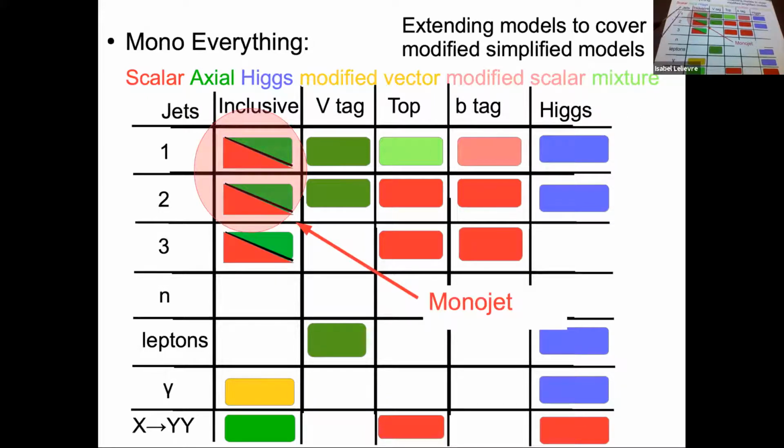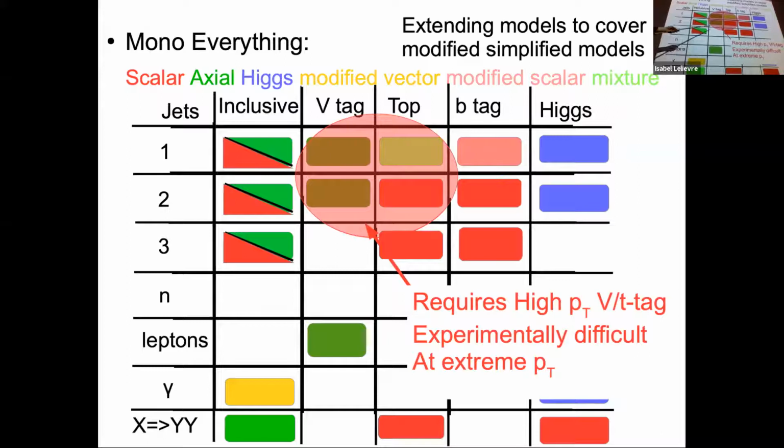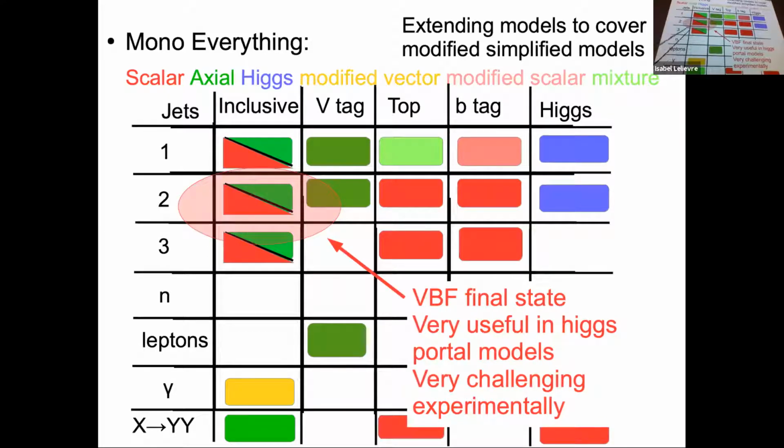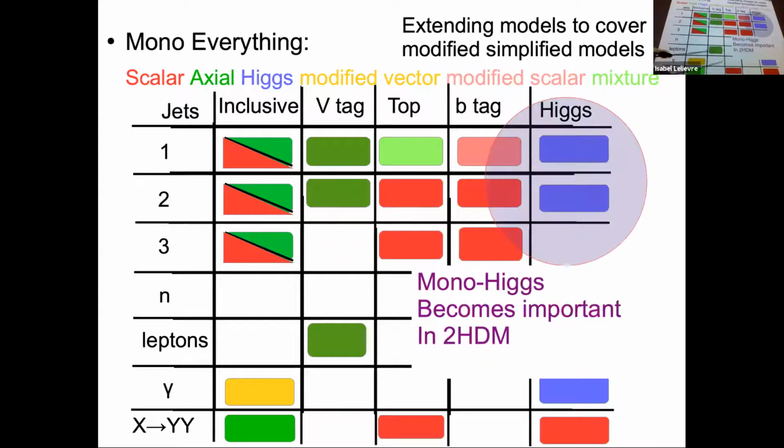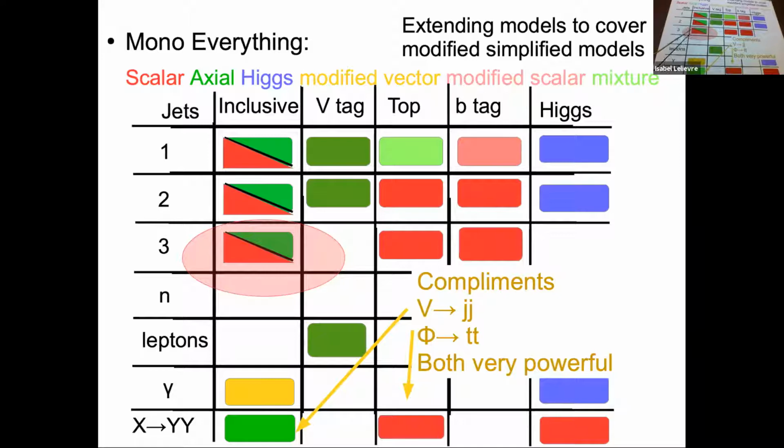The monojet is sensitive to everything. The mono vector boson are a bit difficult; they're not so sensitive. The vector boson fusion is sensitive to the Higgs invisible. The scalar and pseudoscalars are most sensitive to t tbar and b bbar scalar production. The mono Higgs tells you about 2HDM. The resonant decays complement the invisible decays, and they're very powerful.